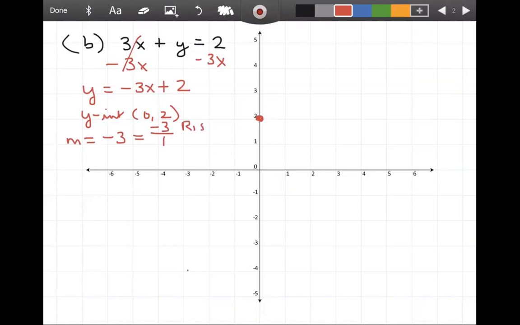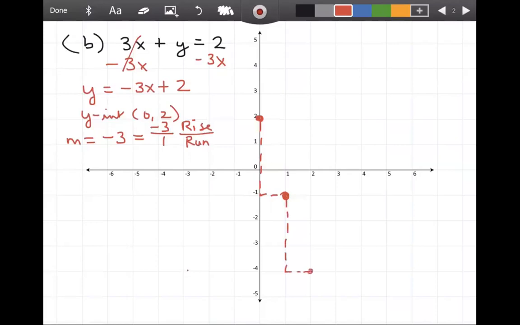So starting at (0, 2), we're going to rise -3 and run 1. Of course, rise -3 means go down 3. 1, 2, 3. And run 1 means go 1 to the right. Doing that one more time. 1, 2, 3.